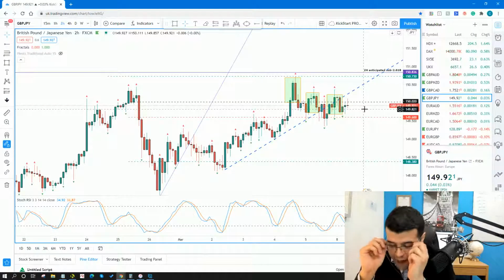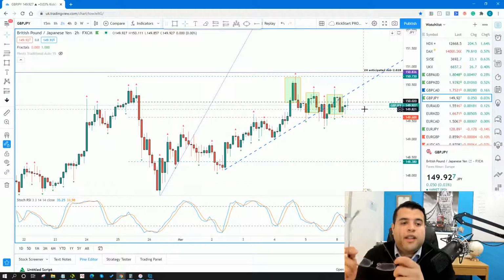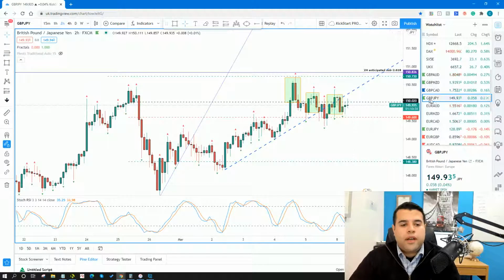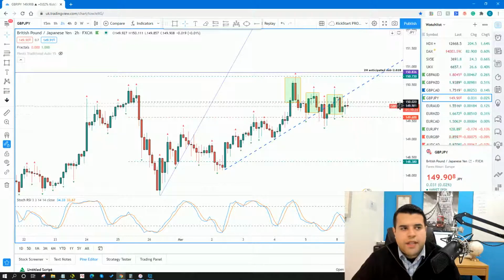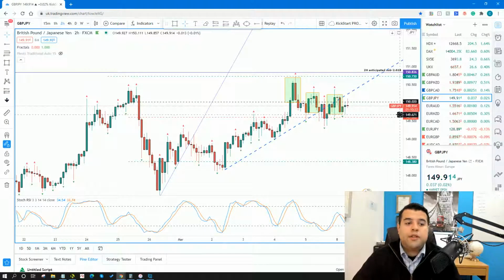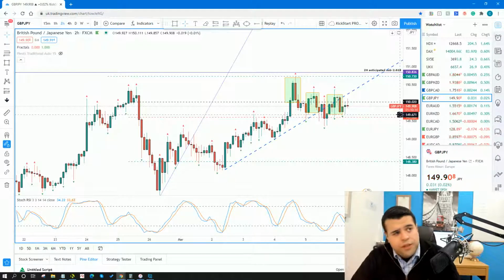I'm still in on the buy regardless, but like I say, if this were to close looking the way it does right now, and let's say we didn't have another hour and 10 minutes to go, and this was closing time for this candle, then what I would be looking to do is just cut my losses.